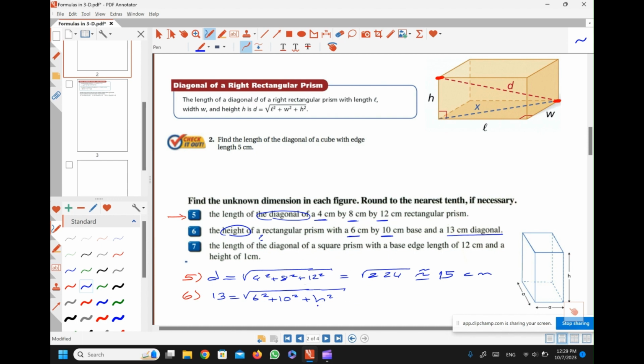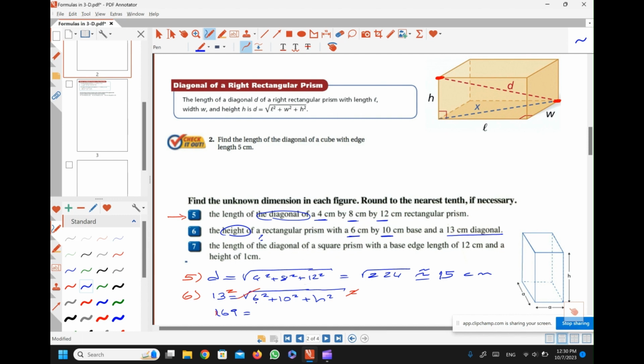We need h alone. h is under the radical, so the only way to get h is getting rid of the square root symbol. How do you get rid of the square root symbol? By squaring both sides, right? So when you square both sides, the radical will lift off. On the left, you'll have 13 squared, which is 169.